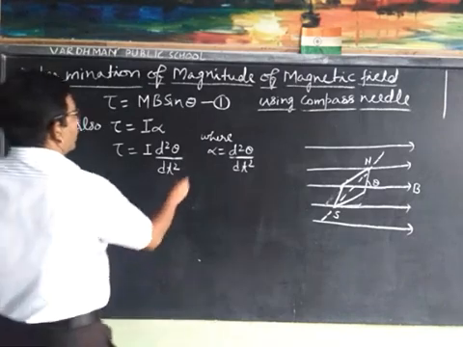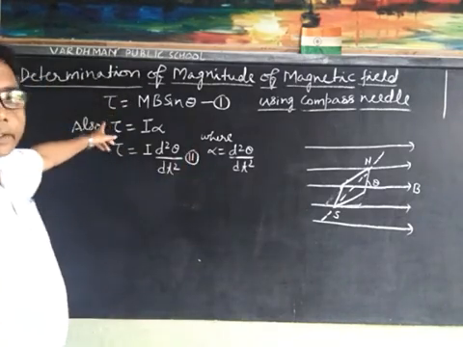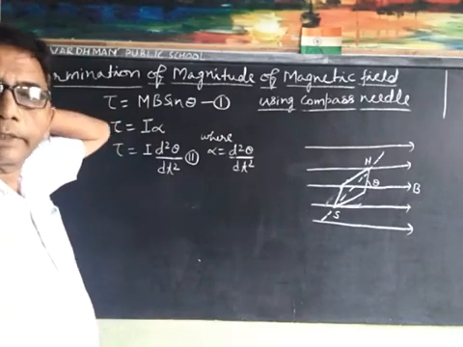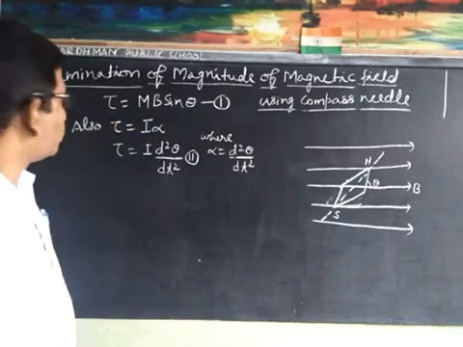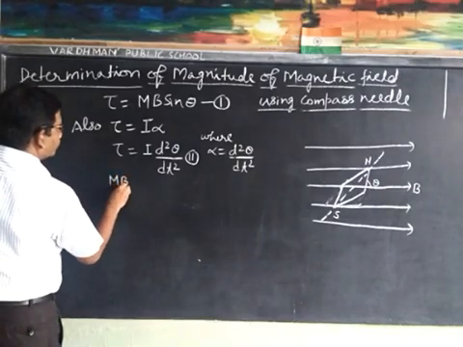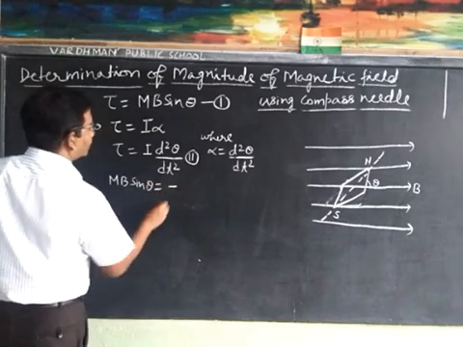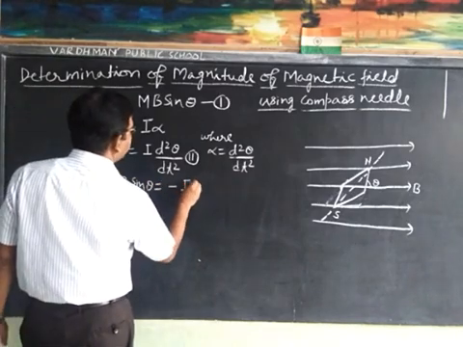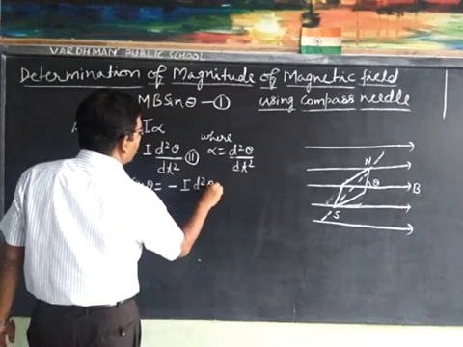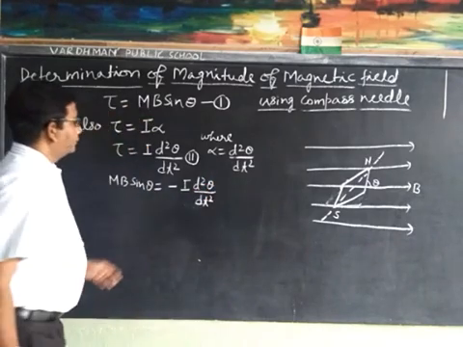From the first equation, the left hand sides are equal, therefore the right hand sides are also equal. Therefore mB sin theta is equal to minus I d square theta upon dt square.